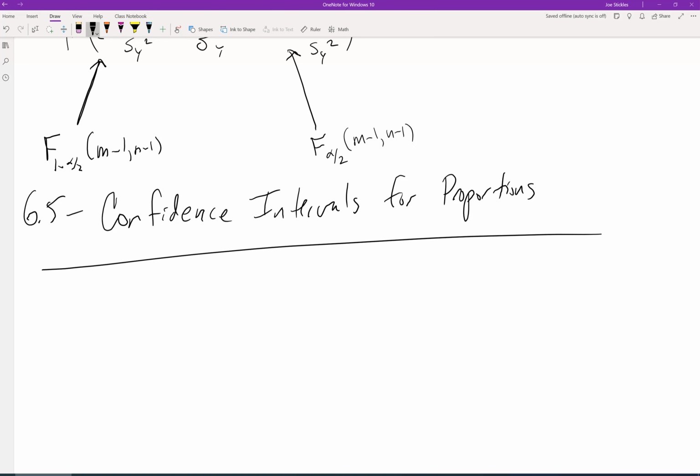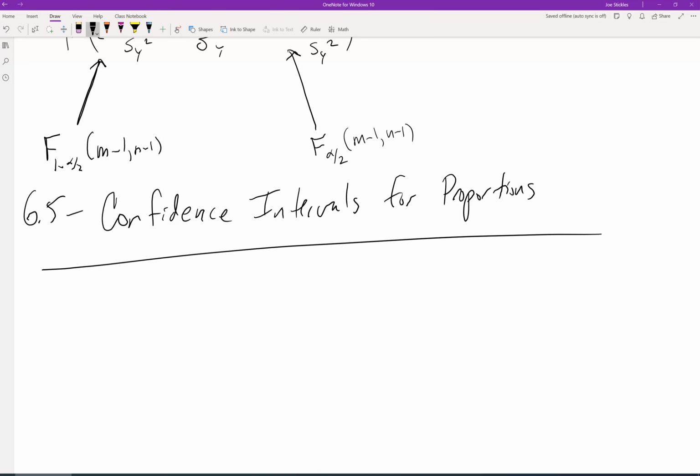All right, so in particular, what we're interested in doing is, say we've got a binomial random variable or a sequence of Bernoulli trials, and we're trying to get a confidence interval for the probability of success, the P part.